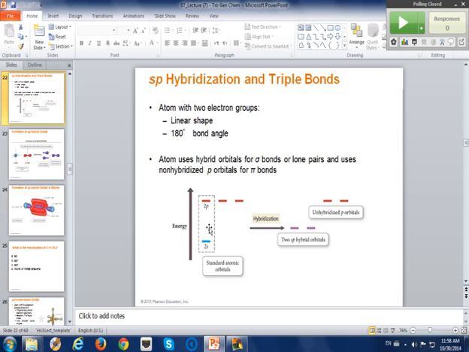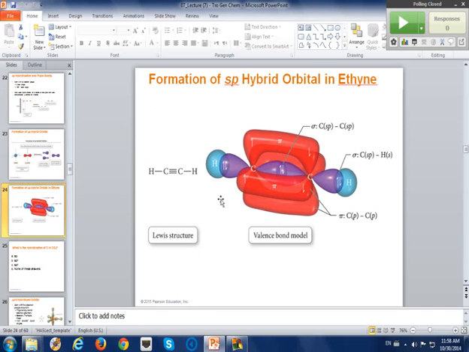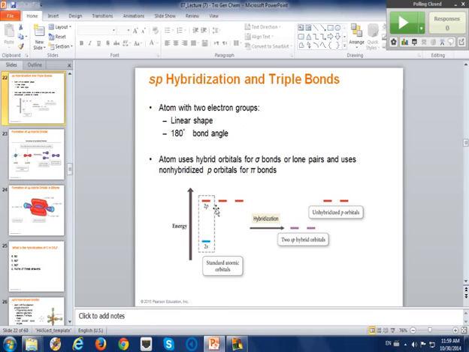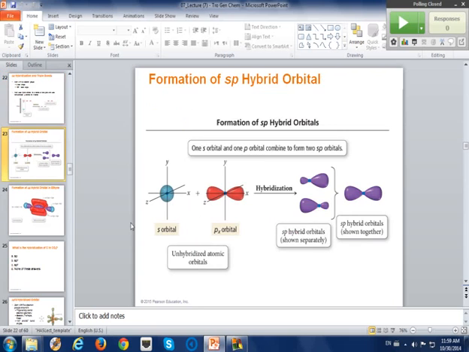In this molecule, based on its composition, acetylene, we need 2 electron groups, and so we only hybridize the 2s of the carbon with 1 of the P. And so by doing so, we form 2 hybrid orbitals.